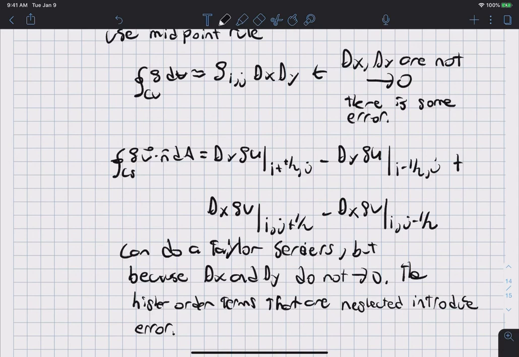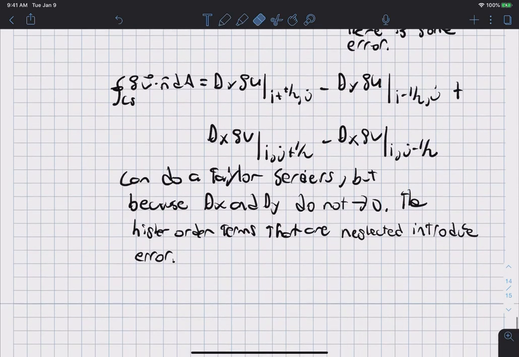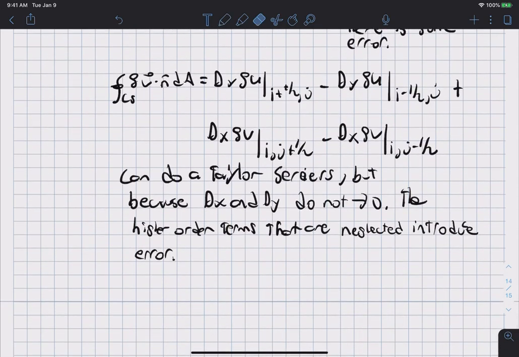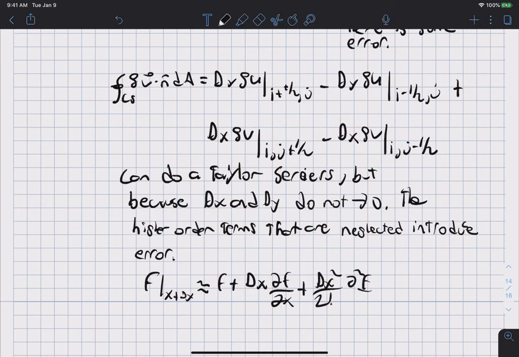Okay, and so obviously the more terms you take in the Taylor series, so you could say f at position x plus delta x is approximately equal to f plus delta x partial f partial x plus delta x squared over 2 factorial partial squared f partial x squared plus delta x cubed over 3 factorial partial cubed f partial x cubed, and so on.